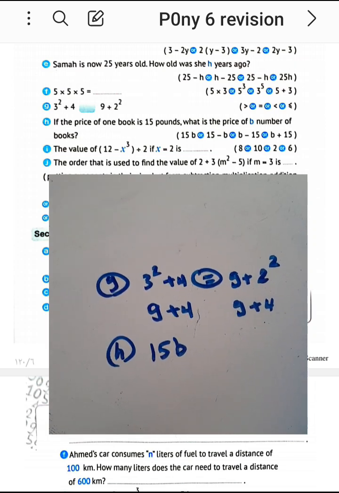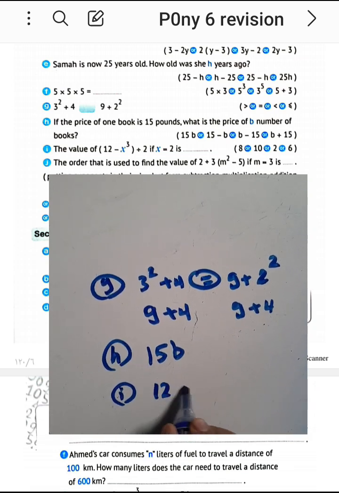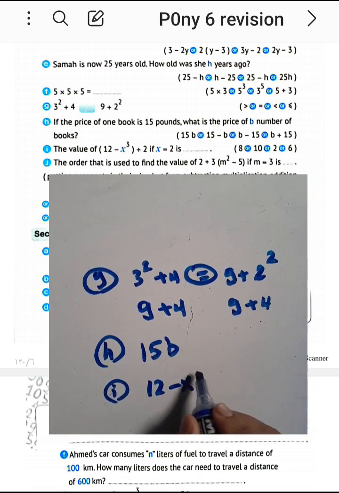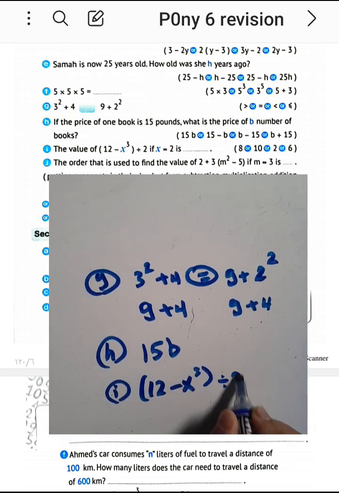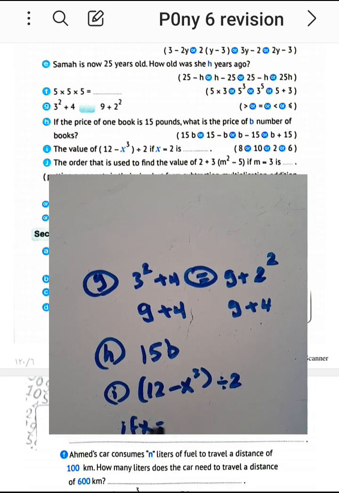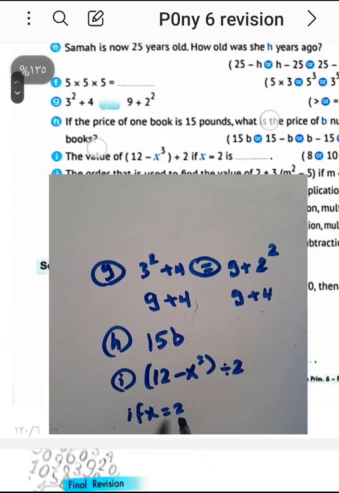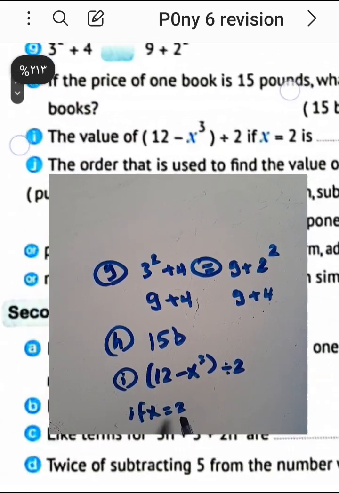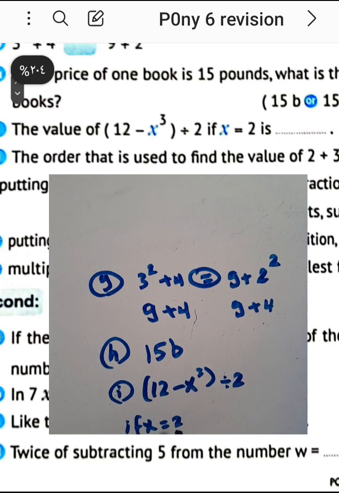Question letter I. The value of 12 minus x power 3 divided by 2 if x was equal to 2. What will the value be? Put x equal to 2 in this expression.